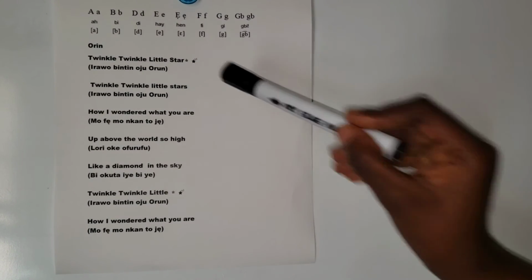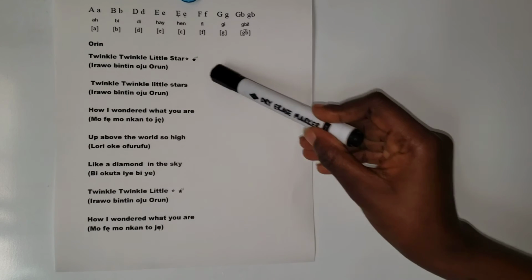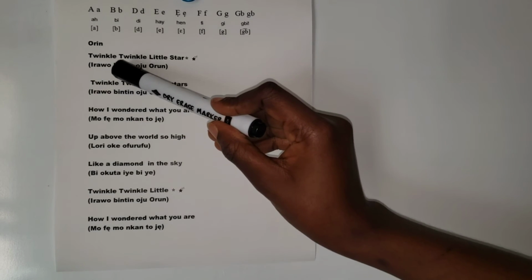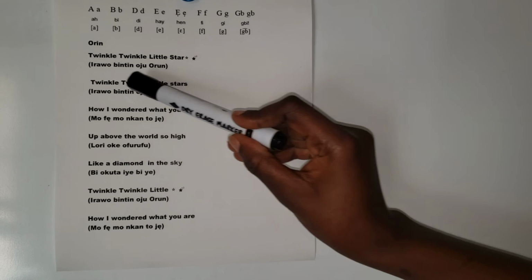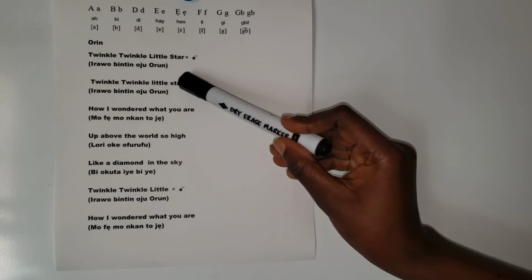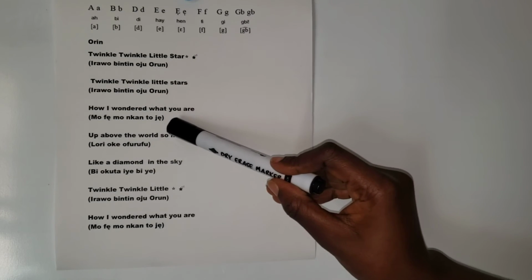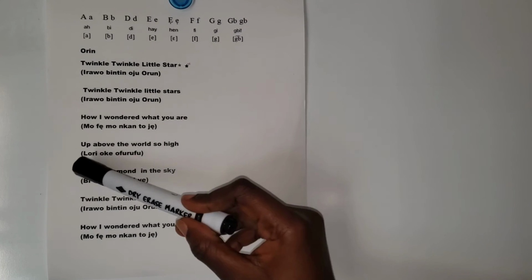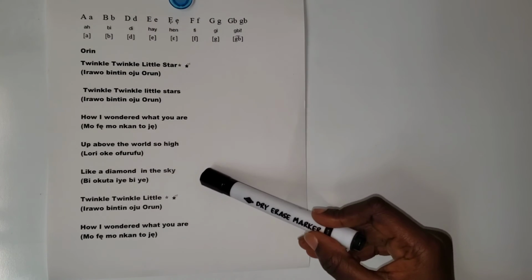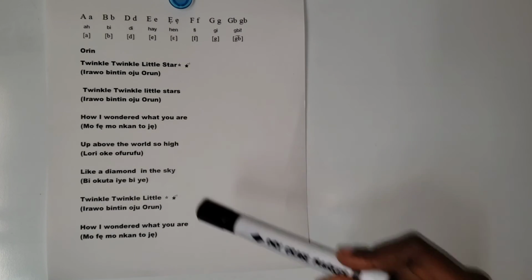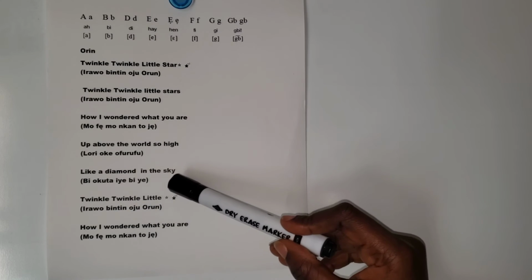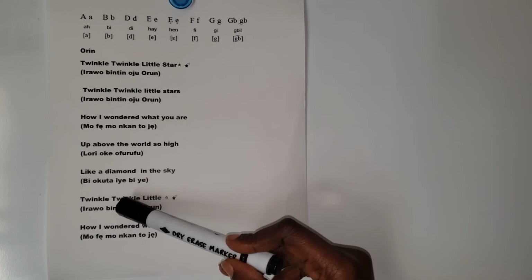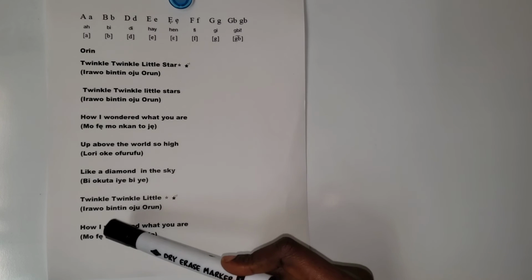Twinkle, twinkle, little star. Ìràwọ̀. Star is ìràwọ̀ in Yoruba. Twinkle, twinkle, little star. Ìràwọ̀ bíntín ojú ọ̀run. How I wondered what you are. Mo fẹ́ mọ nǹkan tó o jẹ́. Up above the world so high. Lórí òkè òfurufú. Like a diamond in the sky. Bí òkúta iyebíye. Twinkle, twinkle, little star. Ìràwọ̀ bíntín ojú ọ̀run.